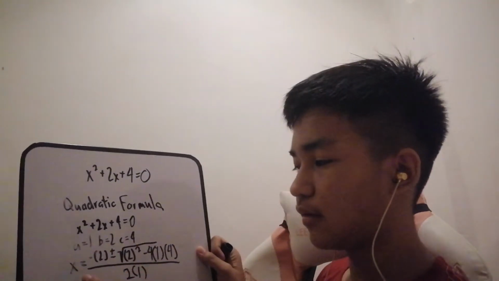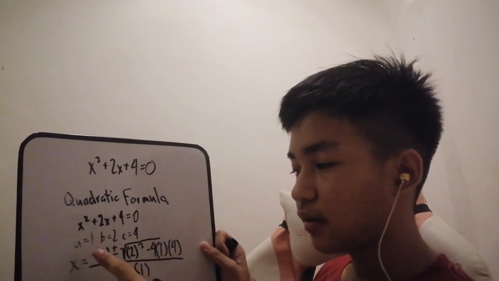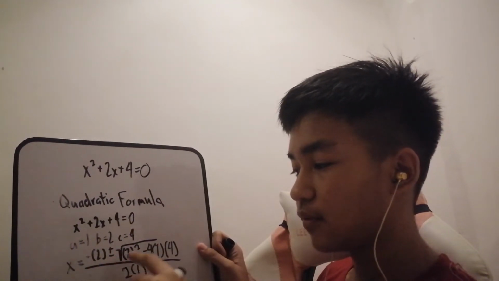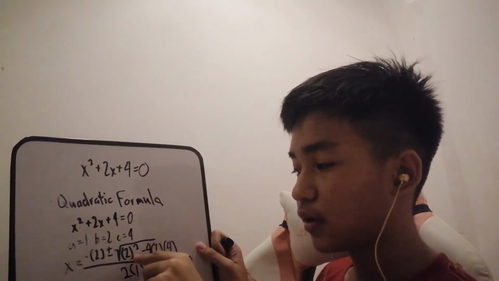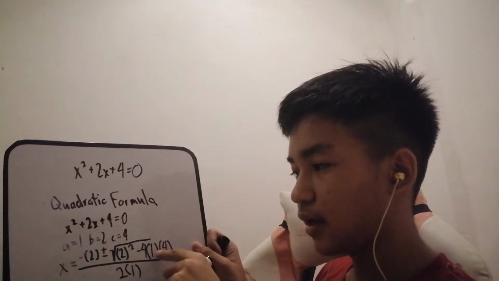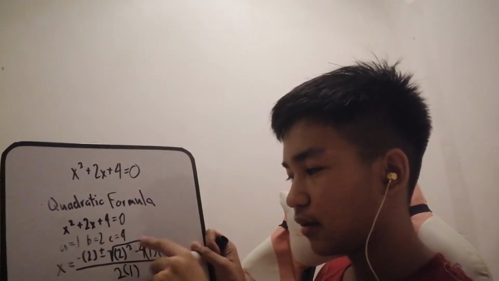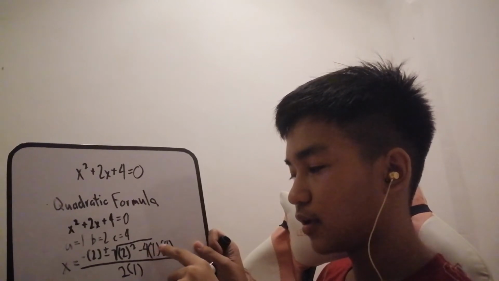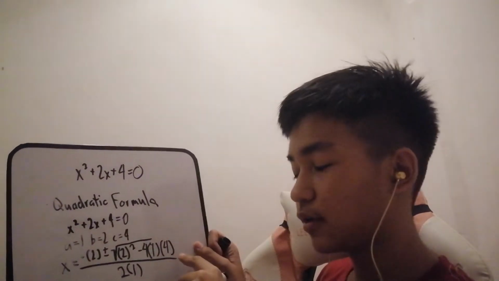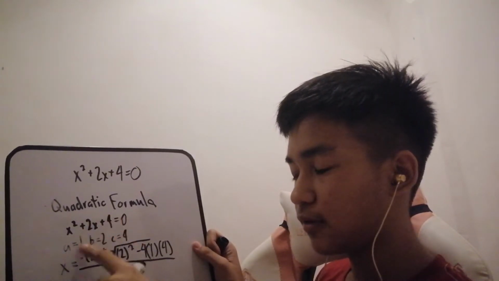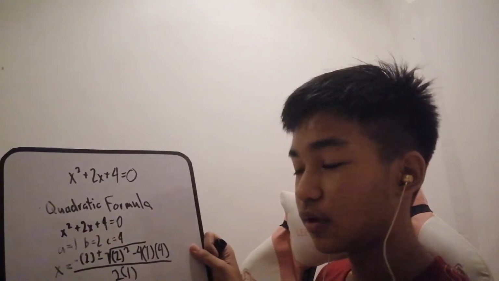So it will be like this: x equals negative 2 plus or minus the square root of 2 squared minus 4 times 1 times 4 over 2a, which is 2 times 1.